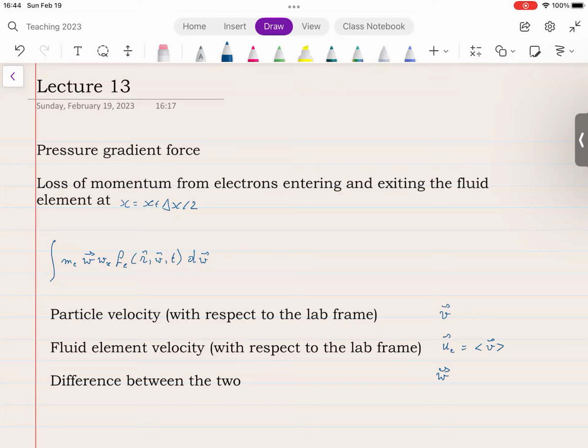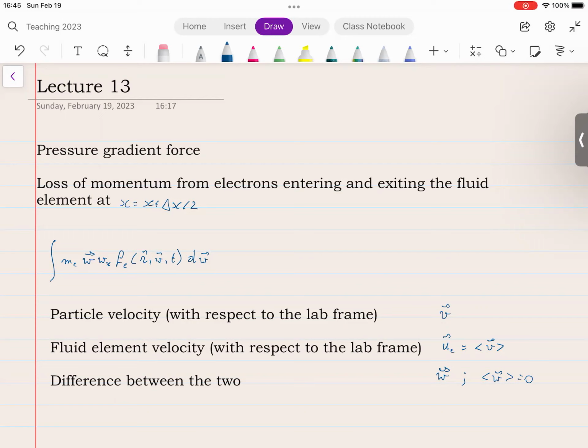It's the average velocity with which the particles in our fluid element are moving. And again, by definition, the average value of W is going to be 0. Okay. End of the reminder.